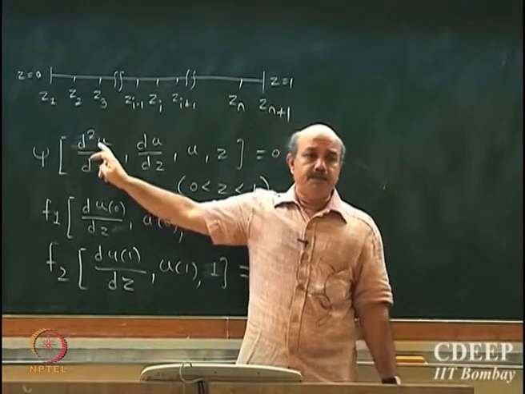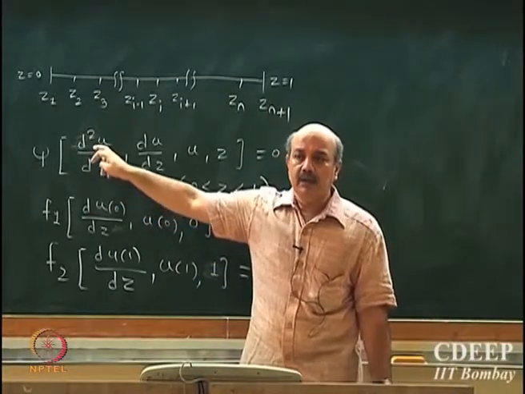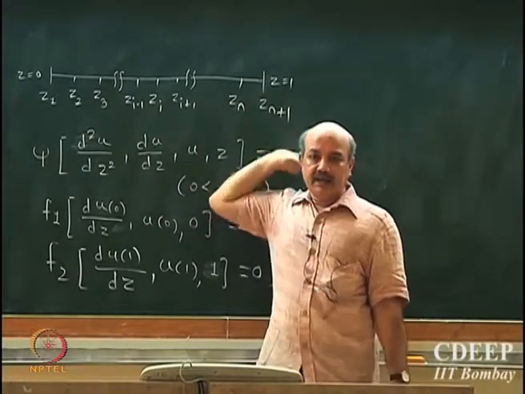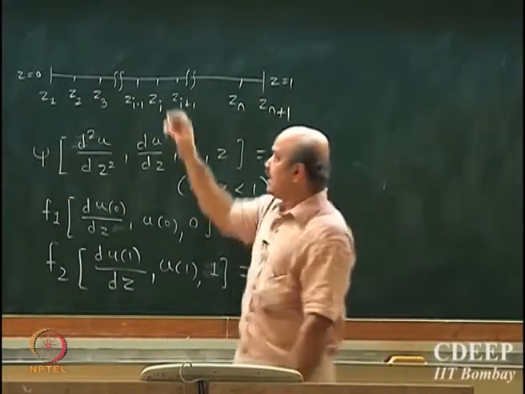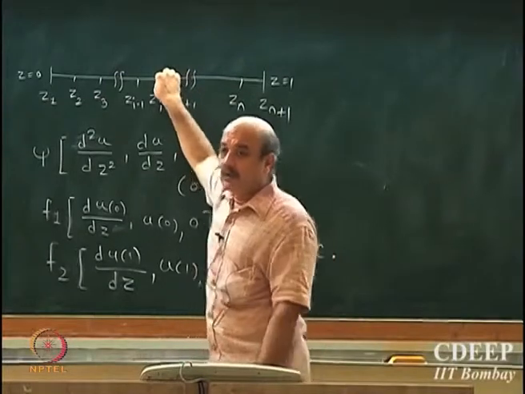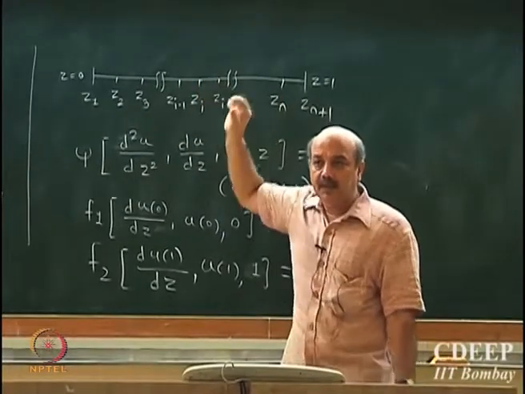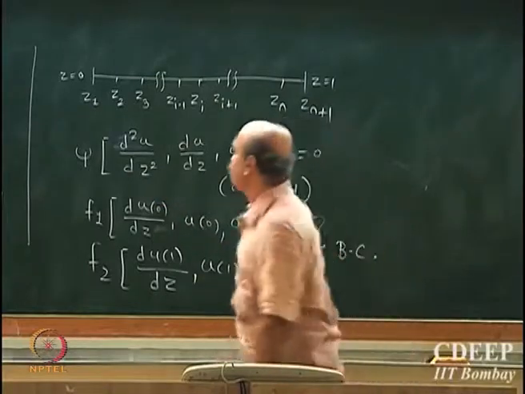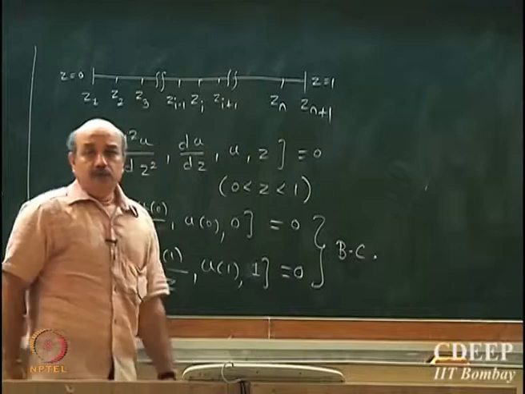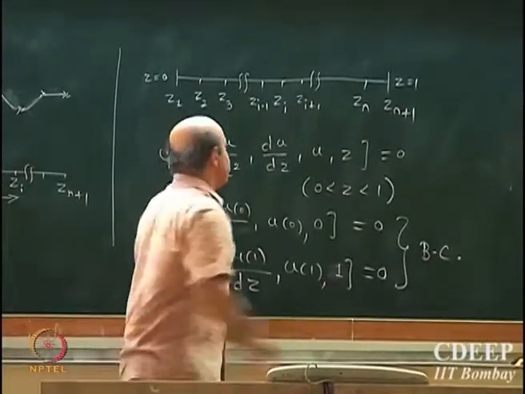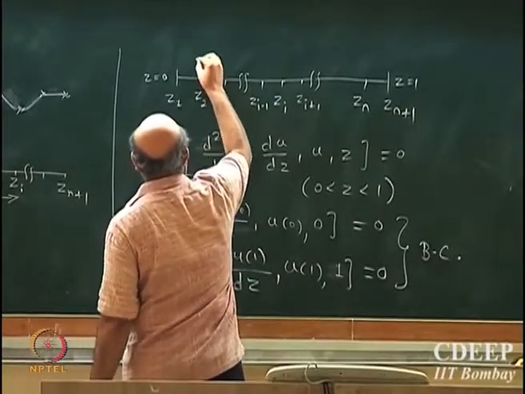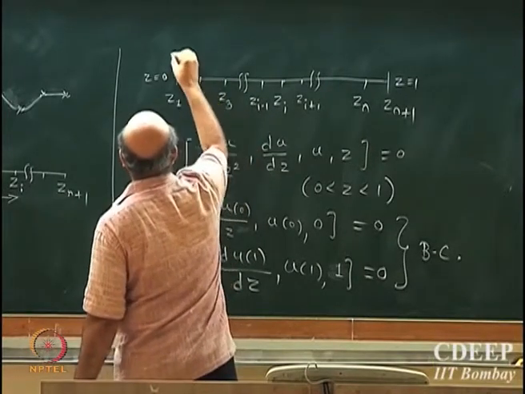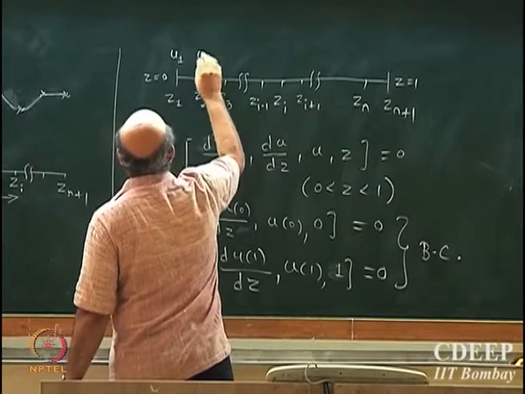I need to develop approximations for d2u by dz square and du by dz, and then at a particular point, let's say the ith point, I want to develop a local approximation for the derivatives. Now the way I'm going to proceed is to denote the value of the solution at these points as u1, u2.